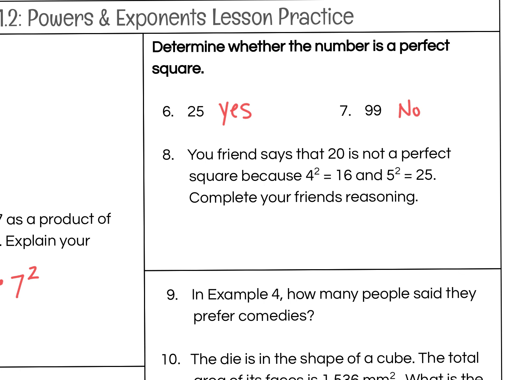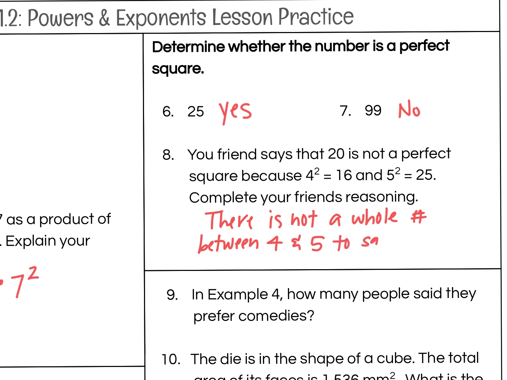So we would say there is not a whole number between 4 and 5 to square.